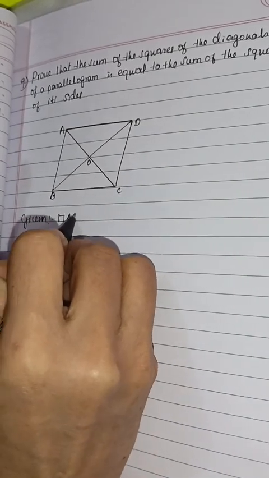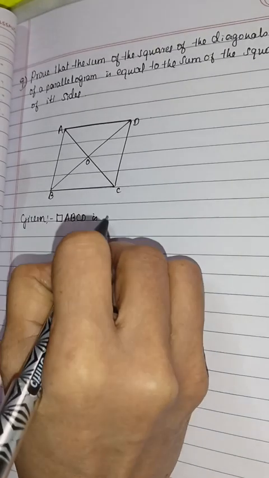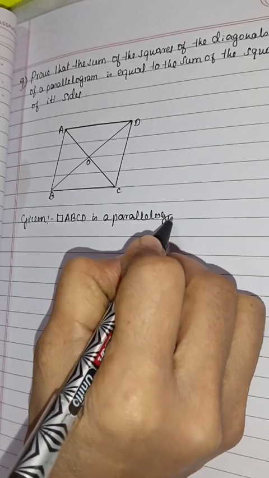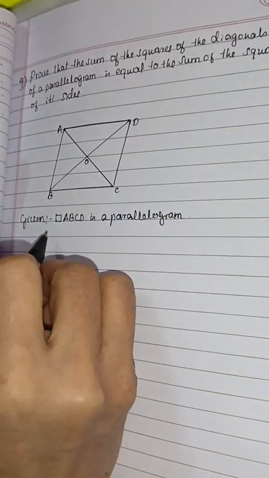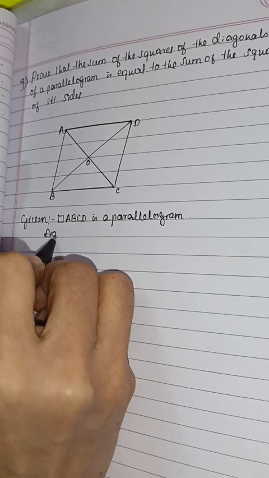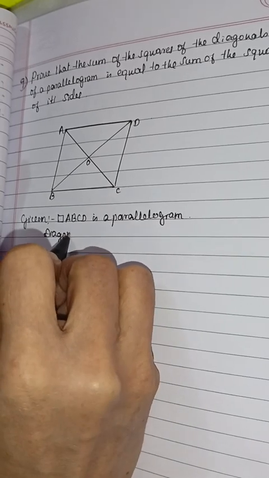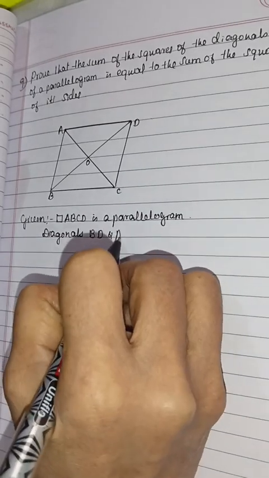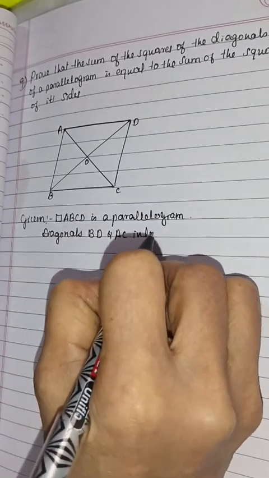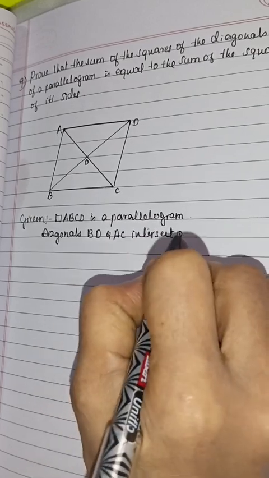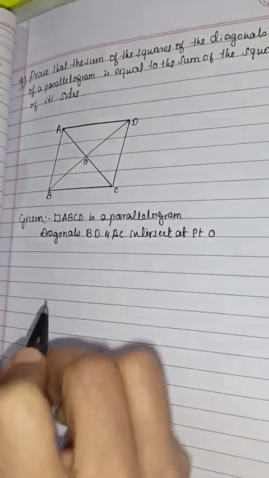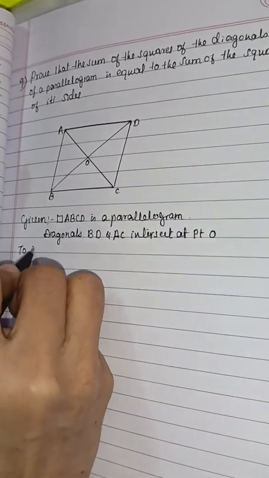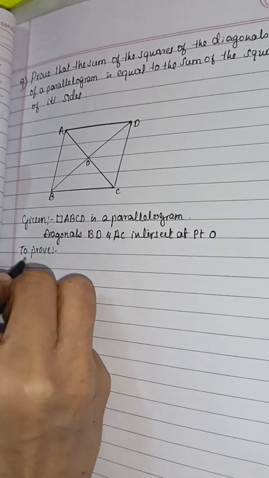Quadrilateral ABCD is a parallelogram and diagonals BD and AC intersect at point O. Now, what we have to prove?